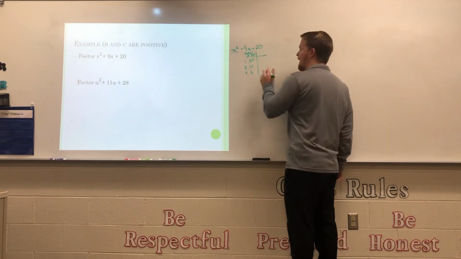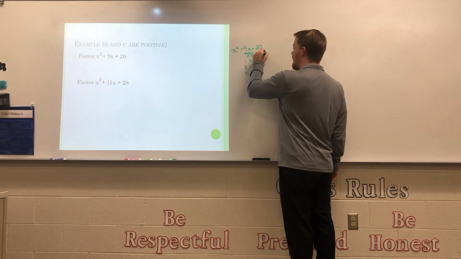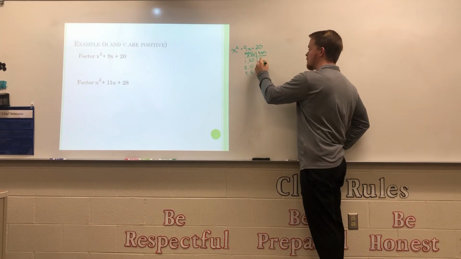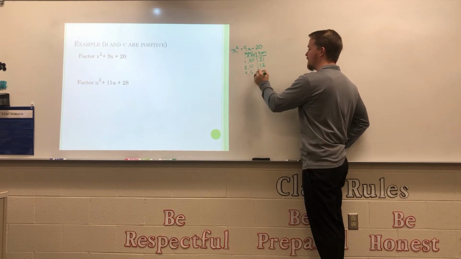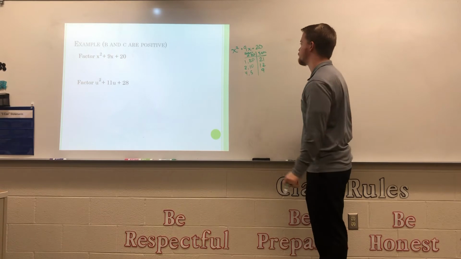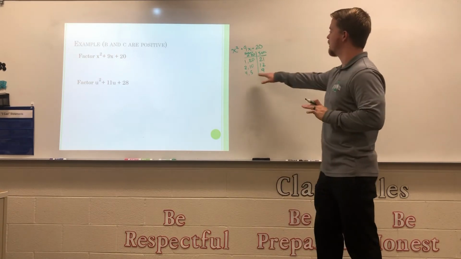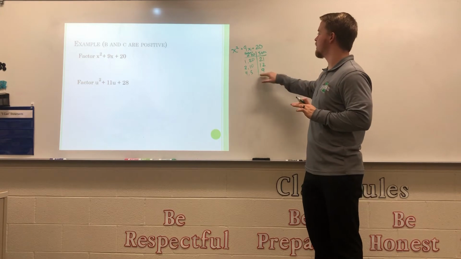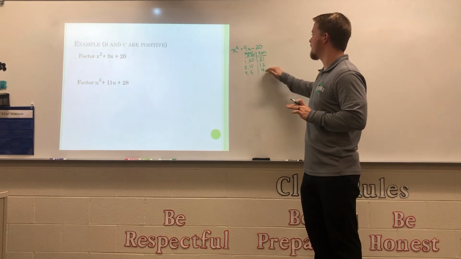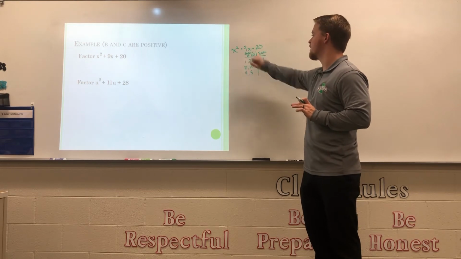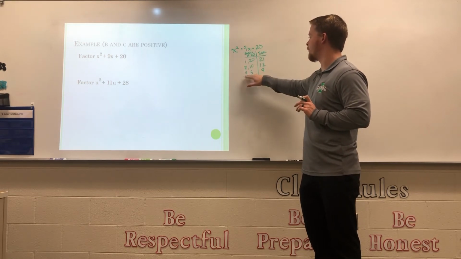Then step 2 was to add your factors. The sum of 1 and 20 is 21, 2 and 10 is 12, 4 and 5 is 9. So what you're doing then is looking to see which sum matches your b. Here, the sum that matches my b is the sum of 4 and 5.